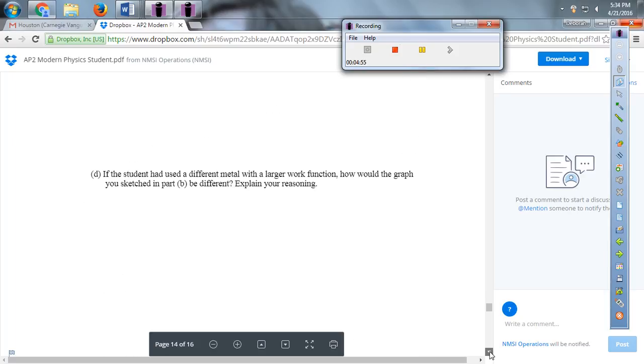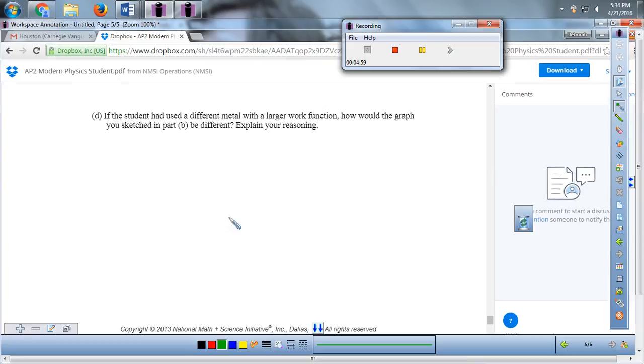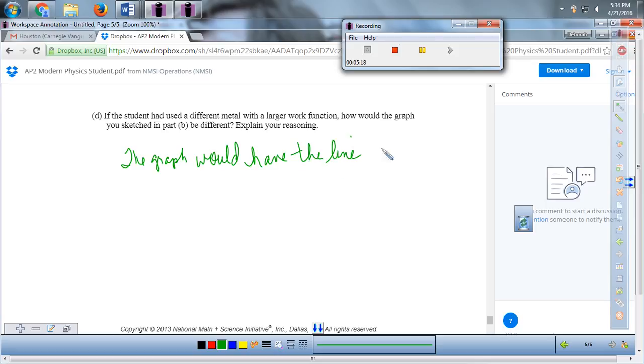All right, so we did C, and then it said, if the student had used a different metal with a larger work function, how would the graph you sketched in Part B be different, and explain your reasoning. So I said the graph would have the line of best fit shifted to the right. Oops, that looks terrible.